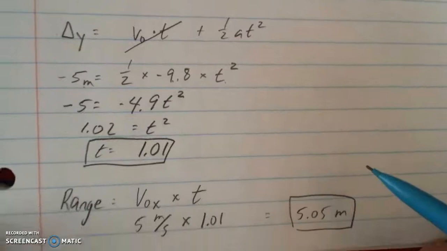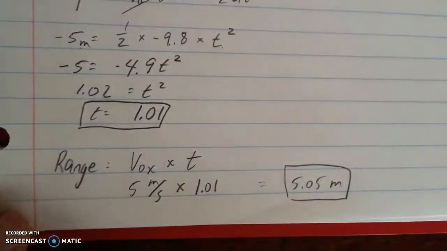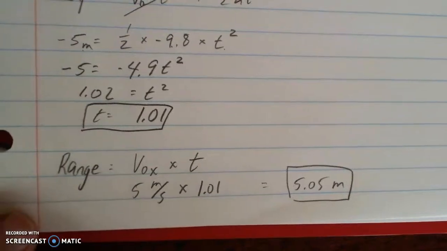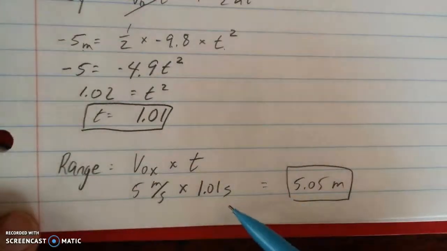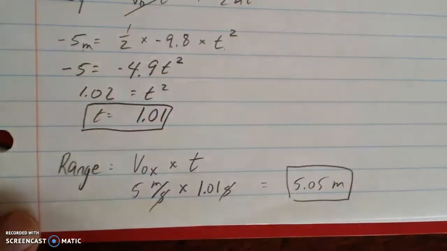Now we go back to the final key here, which is the range of a projectile is our initial velocity in the x dimension, which was 5 meters per second, horizontal initial velocity, times our hang time, 1.01 seconds, and seconds will cancel, and we end up with our units of meters. 5.05 would be the range, and that is how you do that.